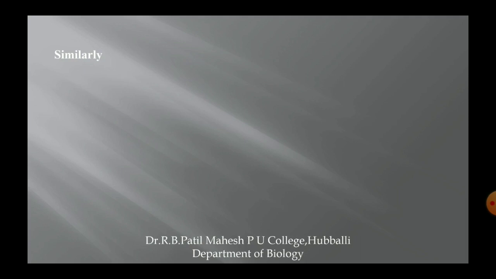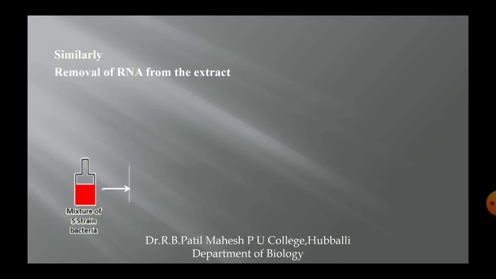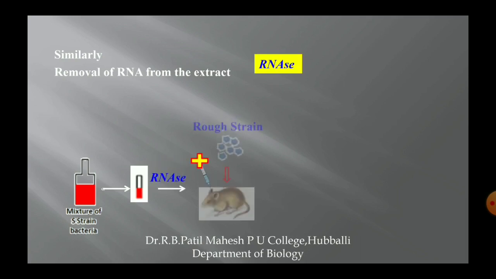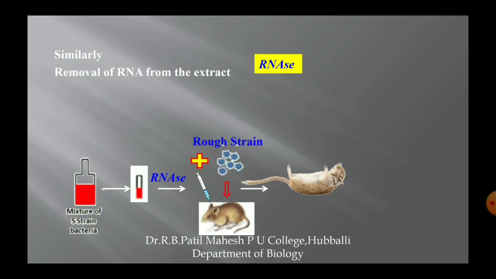Similarly, the extract is treated with the RNase enzyme. RNase will digest ribonucleic acids. It was injected into the mice, and the mice died because of pneumonia, with no effect on transformation. They could find live S cells from the dead mice.